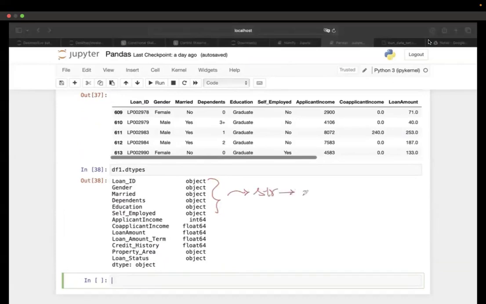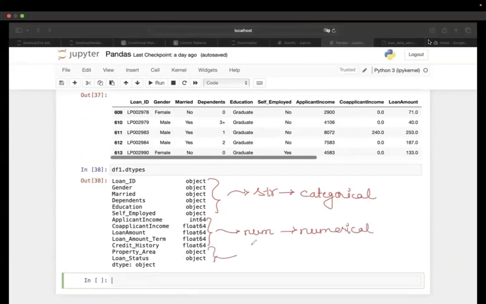Here, usually we call this a categorical variable or categorical feature. Integer and float signify numbers, or we call this a numerical type of feature.